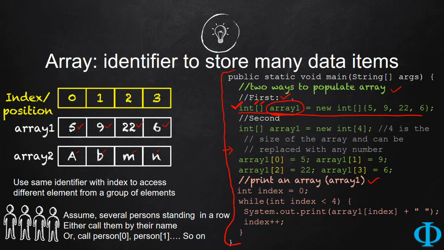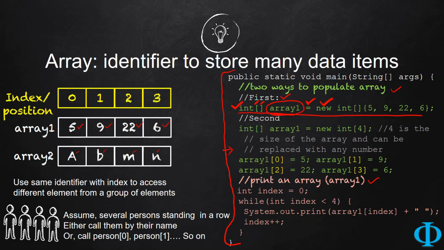Now, once you have declared it, it's time to assign all the values to the array. In order to assign the values, of course, you have to start with an assignment operator, which is just an equals symbol. After this equals symbol, you have some syntax to follow in order to assign some real data items in an array, or to populate the array. What is the syntax? First, you have to use this new keyword in order to start populating the array.